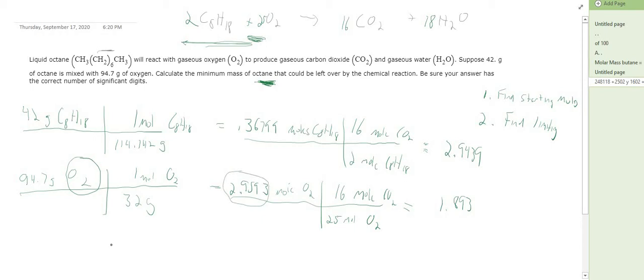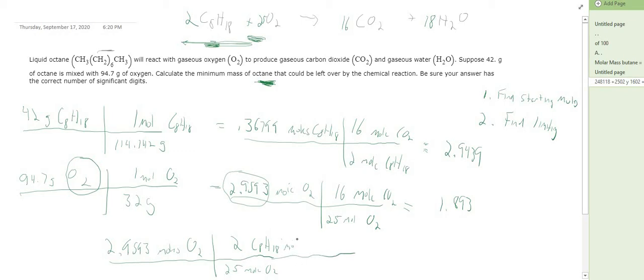So if I start off with 2.9593 moles of oxygen, then I want to find out how many moles of the octane I'm going to consume. I know that for every 25 moles of oxygen, I'm going to consume 2 moles of C8H18.